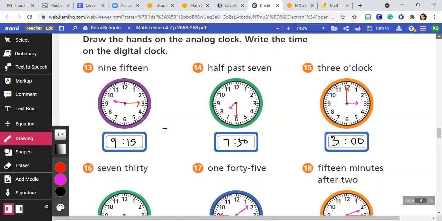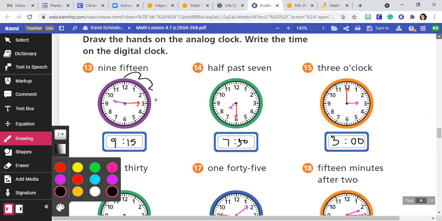So I drew the red minute hand out here to the 15, 5, 10, 15. And if you needed to, or maybe you made a mistake on that, you can always go around the outside, 5, 10, 15, as you are learning how to do this and getting used to using an analog clock.